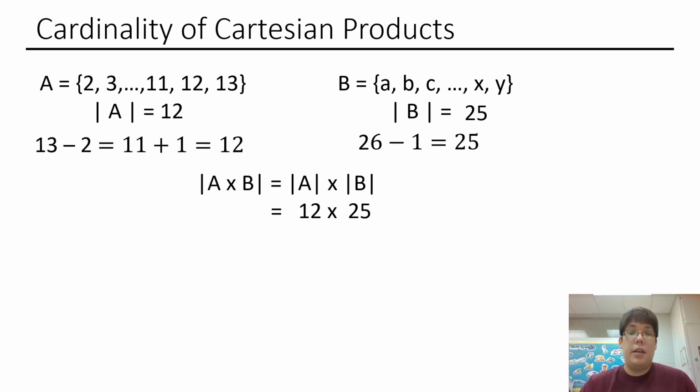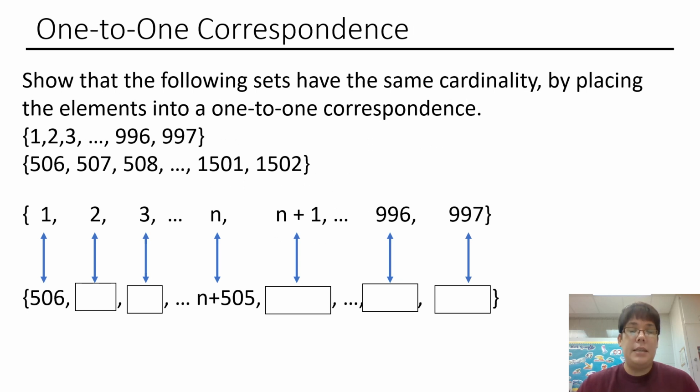That's going to be the cardinality of that cross product. So when we do 12 times 25, we get 300. So that cross product will have 300 elements in it. Aren't you glad you don't have to write them all out? You're welcome. Merry Christmas.